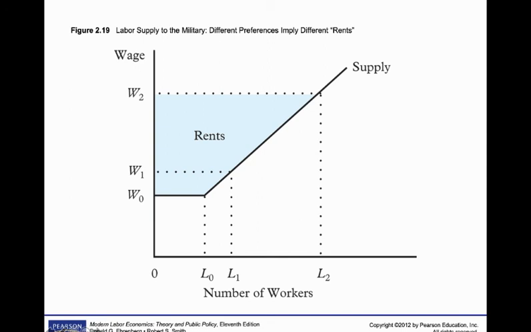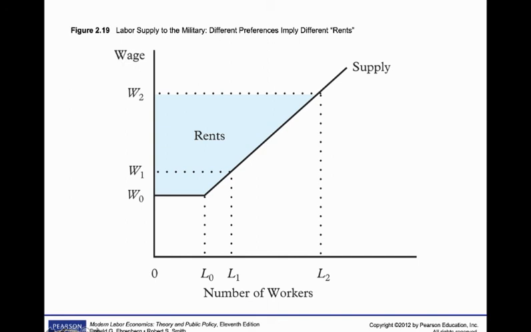Only those who consider the military culture and the risks associated with it to be tolerable, and who are attracted to be part of the military family. So at that W1 wage rate, it will only attract those who most enjoy the military culture and are least averse to the risk associated with the job.